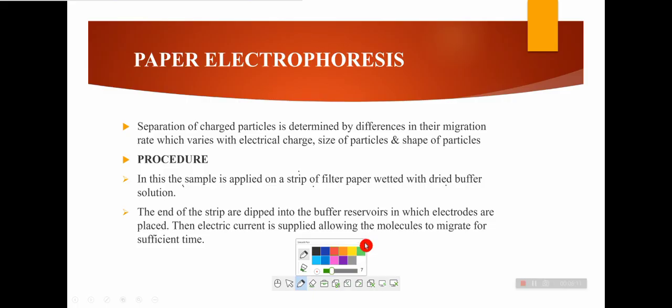Now what we do, at the end of the paper strip, we dip it into the buffer reservoir in which electrodes are placed. Then electric current is supplied, allowing the molecules to migrate for sufficient time. On the basis of this migration, the different compounds or molecules are separated.